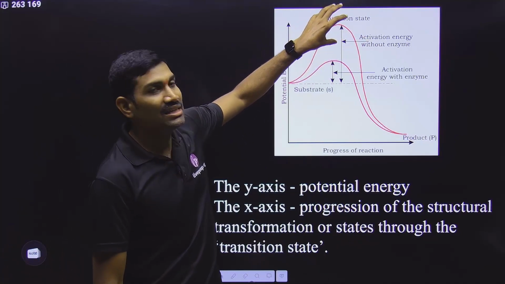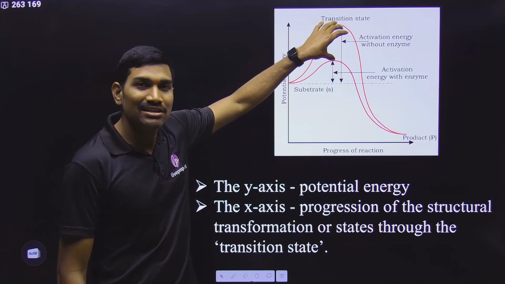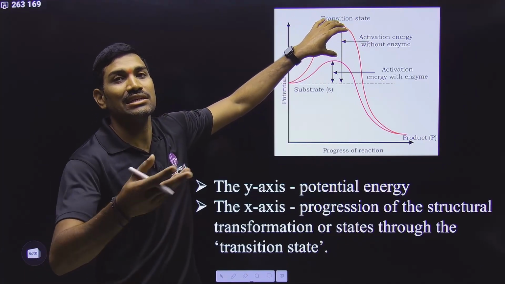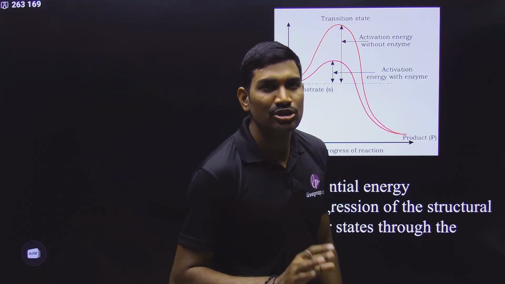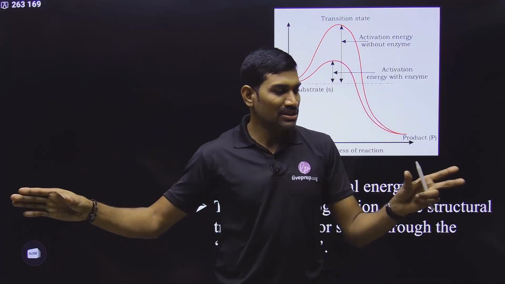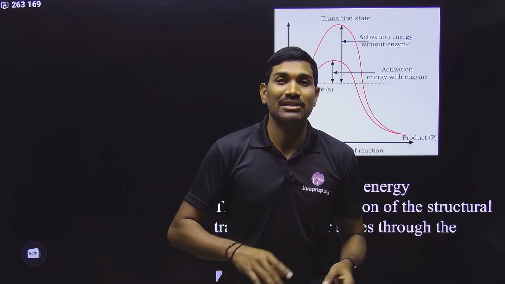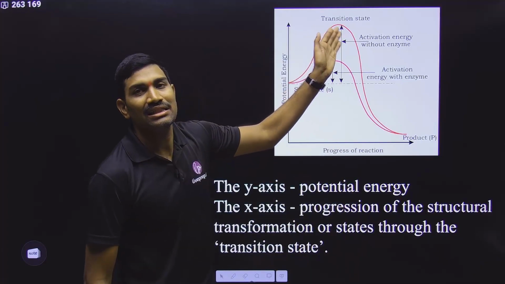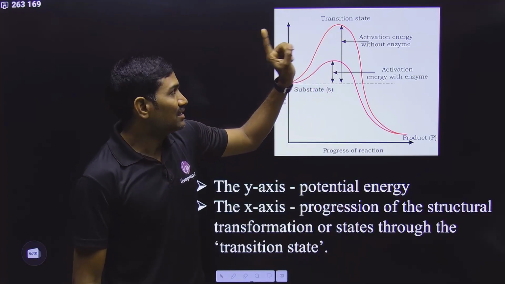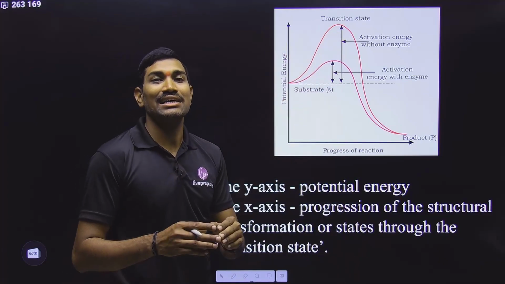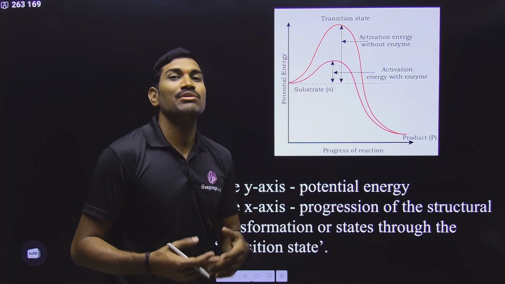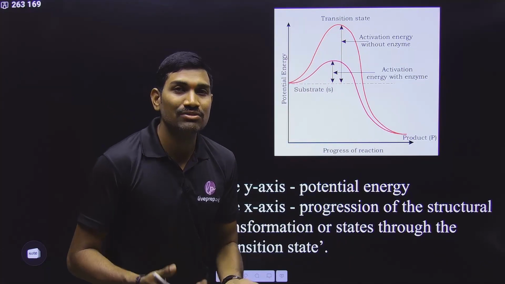Altered states are seen in the transition state, and these altered states are also called reaction intermediates. In organic chemistry you will study that between substrates and products there are some reaction intermediates. Those intermediates are seen in the transition state. At the transition state we observe reaction intermediates, intermediate forms, altered states.